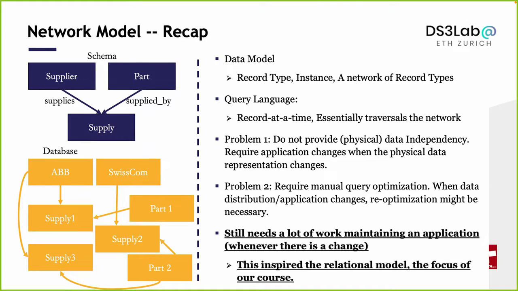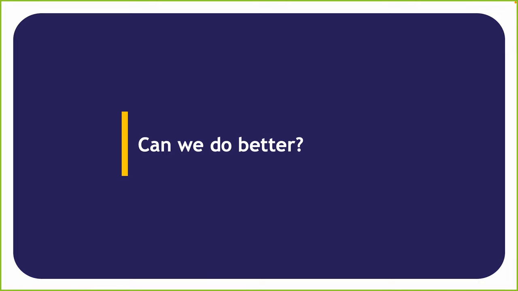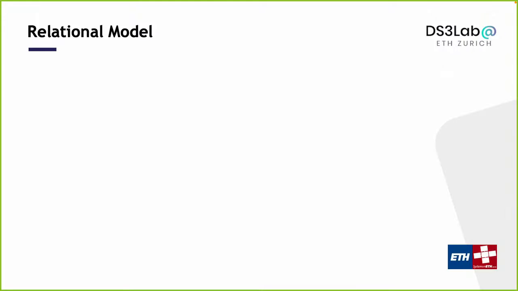But the natural question to ask is, can we do even better? How should we think about our query language? How should we think about our data such that I can get those 4 great properties that we really want? And that goes to the relational model, which is something that we are going to be focusing on for this semester.